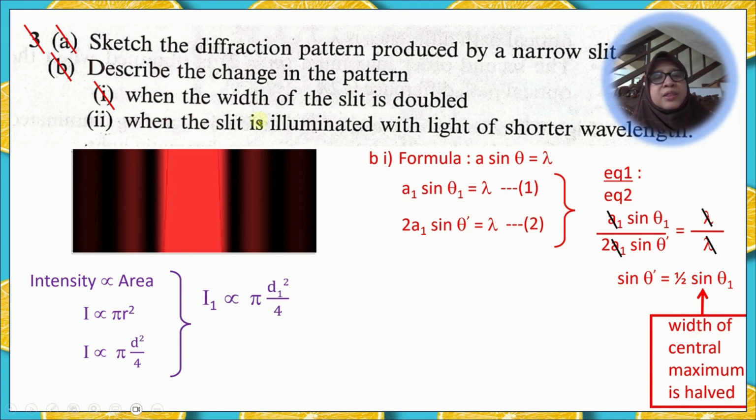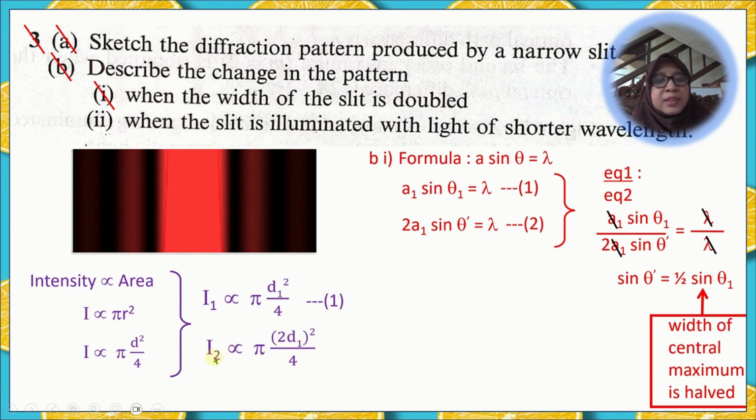Okay, so now we form two equations where the first one, the initial intensity is I1, and the diameter of the slit is D1. The width of the slit, D1, is actually A1, so we can also substitute with D1 here. For the second situation, the width of the slit is doubled, so we double it, becomes 2D1.